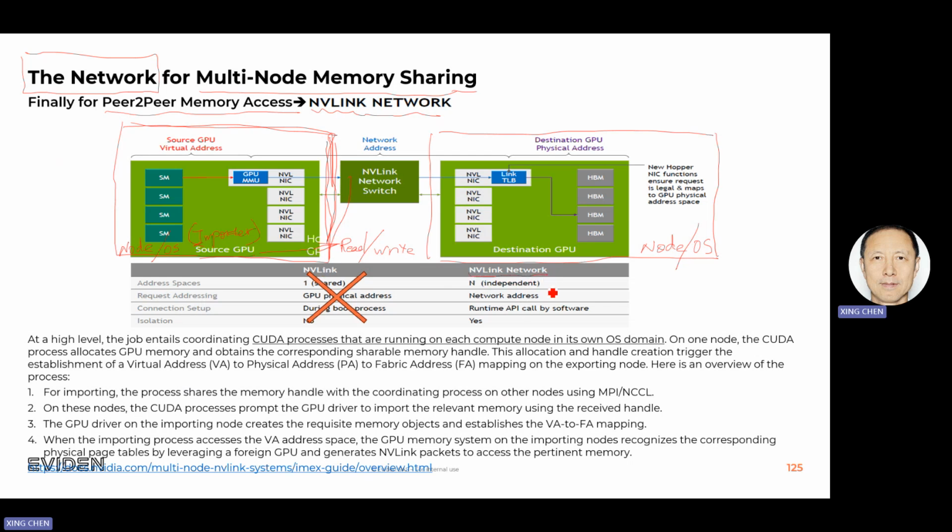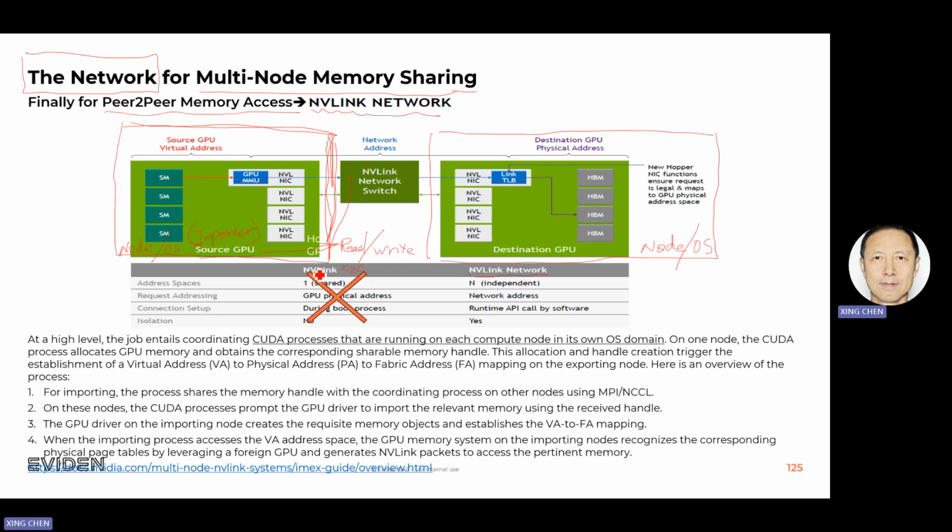So here we need to look at the key differences between this NVLink network and the NVLink C2C. NVLink C2C is the link within a superchip, or the link within Type 2 systems with extended GPU memory (EGM) enabled.